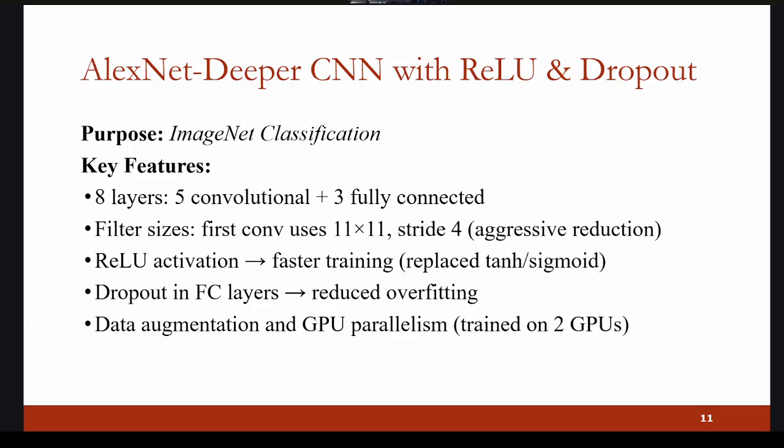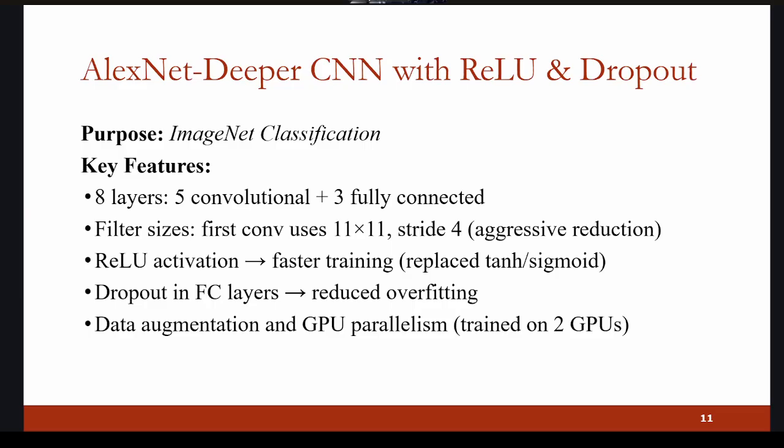So instead of the TANH activation function, people started using ReLU and dropout. Certain layers were dropped in order to reduce the number of parameters being learned for the same ImageNet classification task. This AlexNet architecture had 5 convolution layers and 3 fully connected layers.